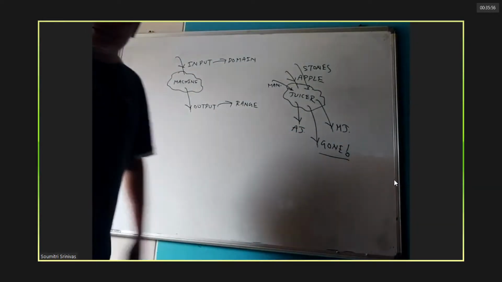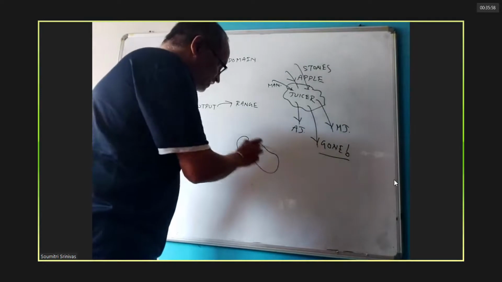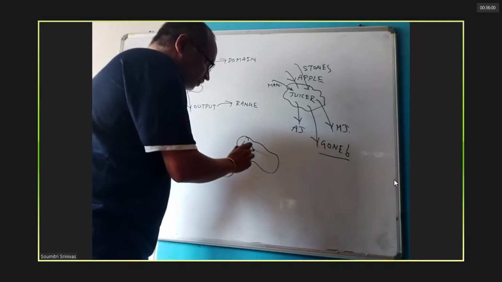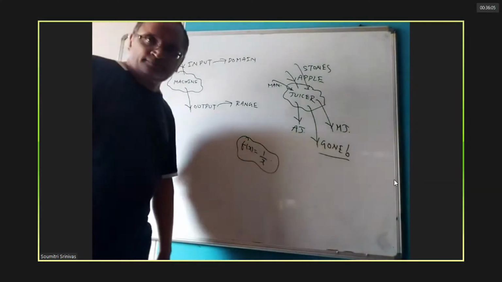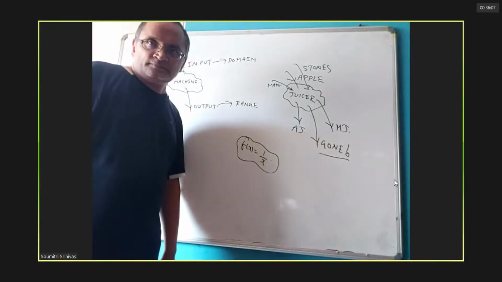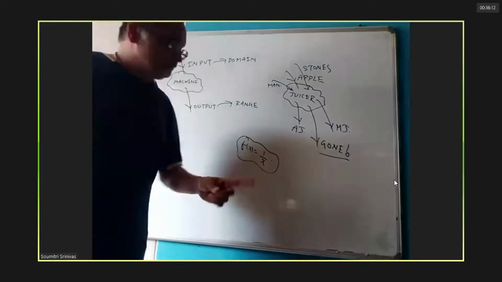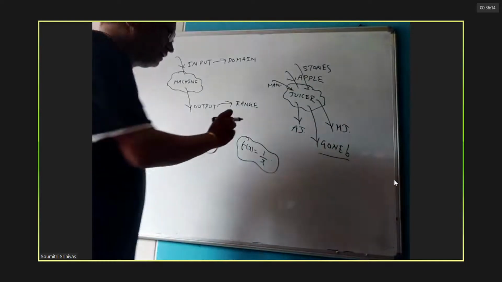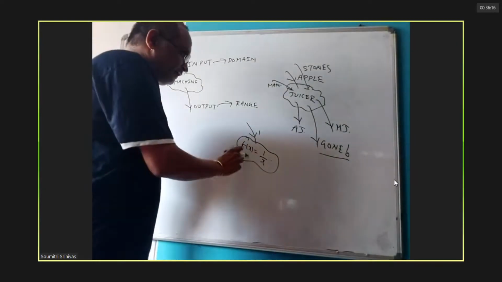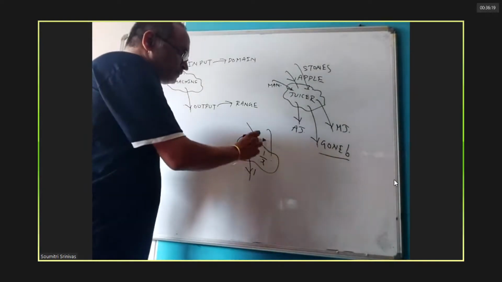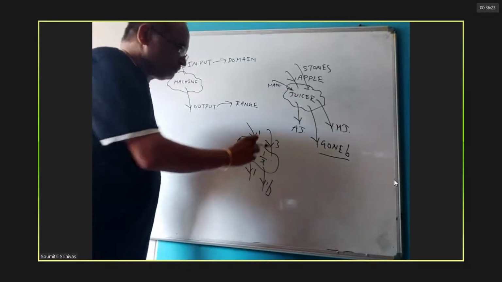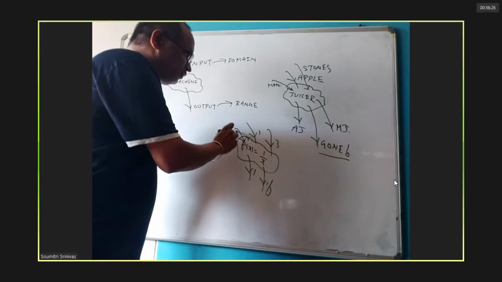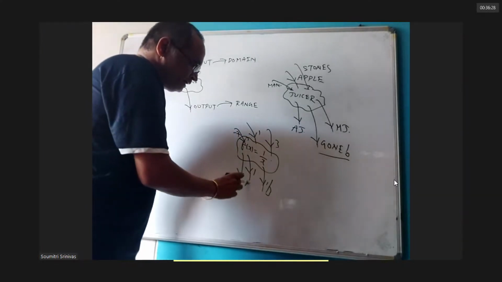What do you mean by this? I have a machine called f of x is equal to 1 by x. Whatever number you put in, this function readily accepts. Put 1, what will it give? 1. Put 3, what will it give? 1/3. Put -7, what will it give? -1/7.